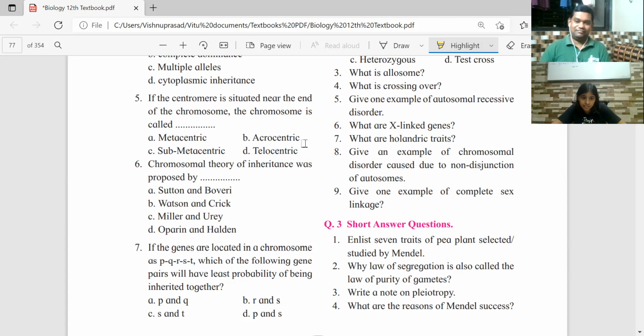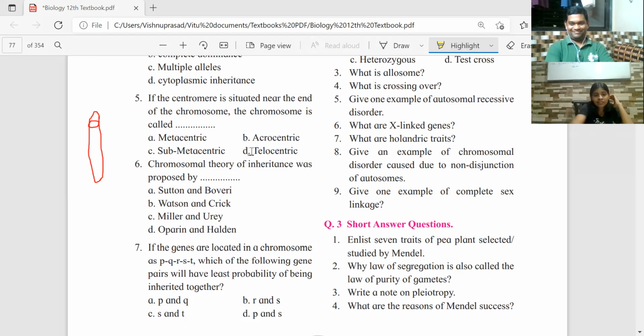Metacentric, submetacentric... Centromere located near the end, like this. Let me think. It was situated near the end of the chromosome.